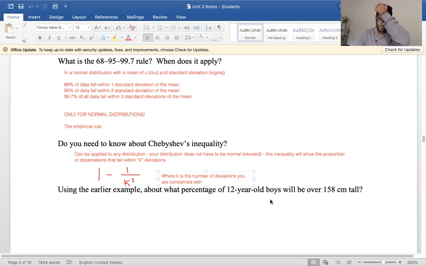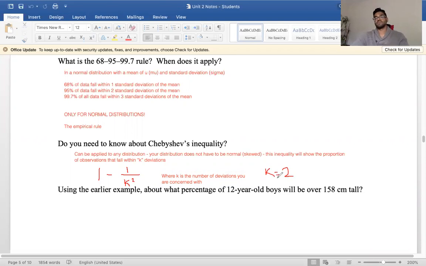So for example, let's say you don't know the shape of your distribution, but you want to know what percentage of your data is going to fall within 2 standard deviations. Then K equals 2. Maybe I didn't decide to graph it, or I did graph it and found out it's skewed.